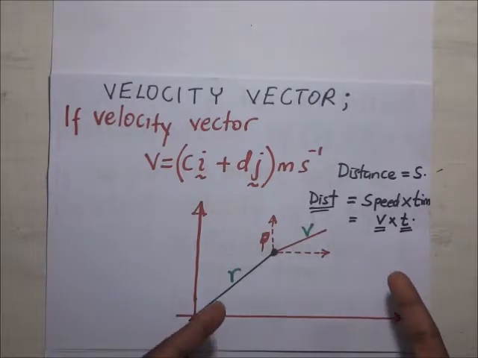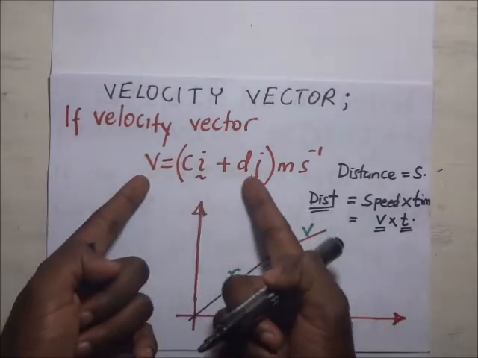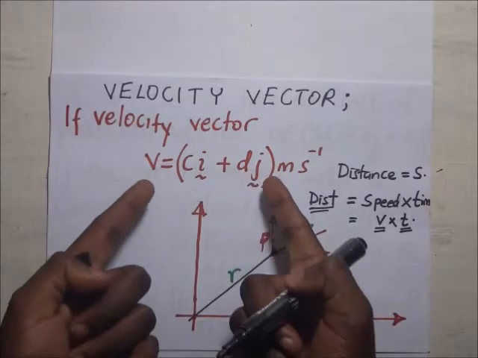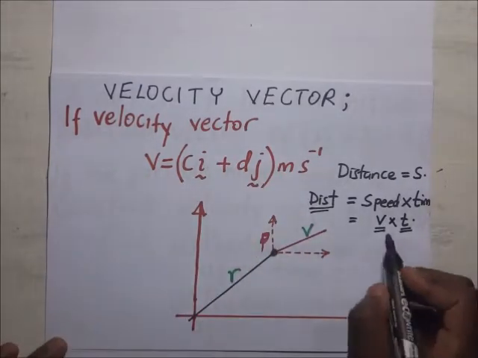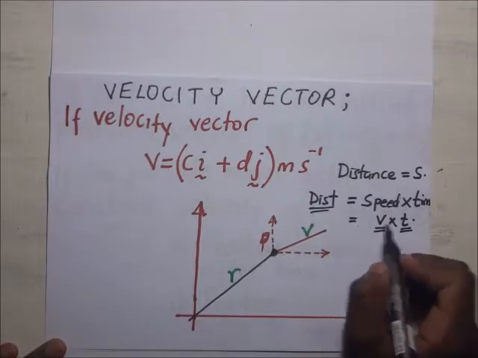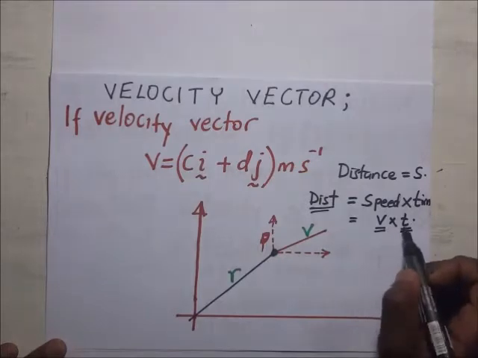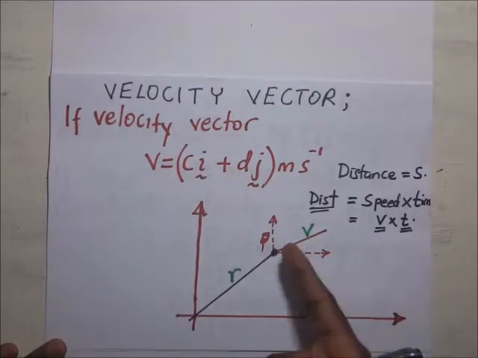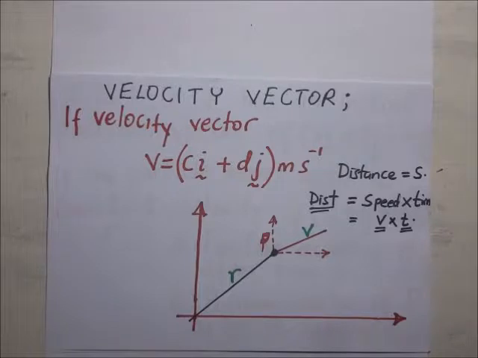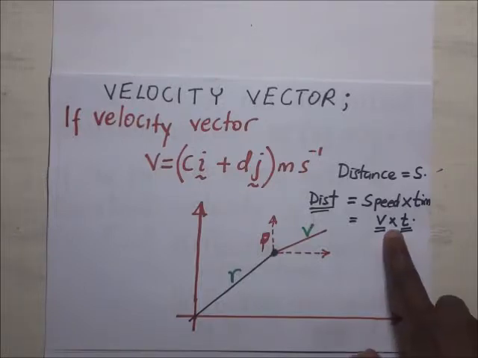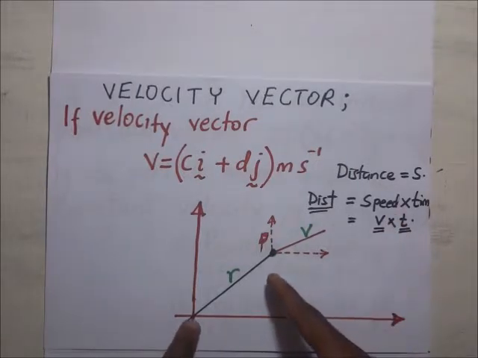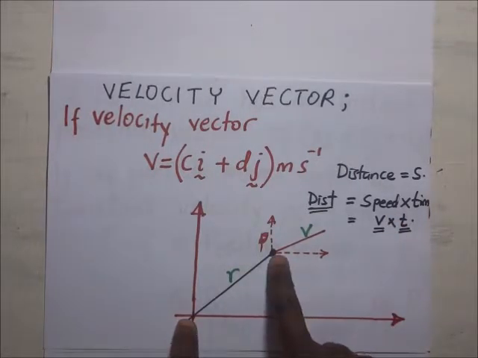Now since our velocity is ci plus dj, it is a velocity vector. It means that to find the vector of how much this particle p has moved, I simply get the velocity vector and multiply it by time. So if I want to know its position vector after a certain time t, I have to add the distance it has moved to its initial position vector.